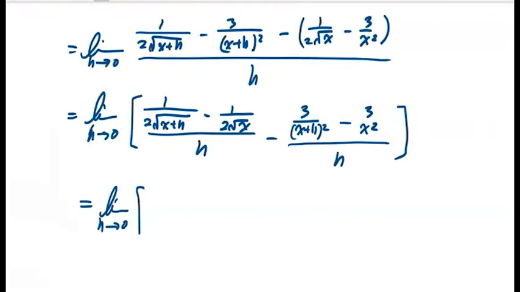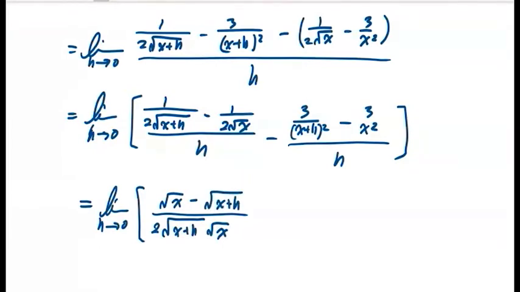Okay, so finding a common denominator, which of course is this, right? So we multiply this up. So we have square root x minus square root of x plus h, like that. We good? Okay. Now minus this one. Oh, I forgot. I have to multiply by h. 1 over h, like that.